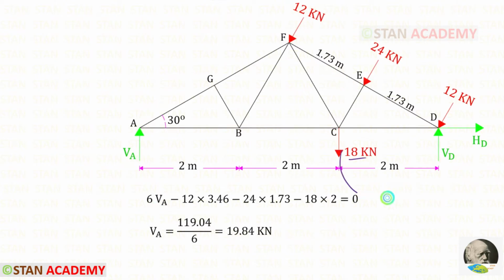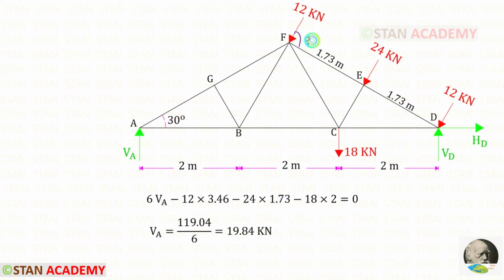This 18 kilonewton is acting in the anti-clockwise direction, so it will be negative, and the distance is 2. This 12 kilonewton is acting in the anti-clockwise direction, so it will be negative, and the distance is 1.73 plus 1.73, so it will be 3.46. 24 kilonewton is acting in the anti-clockwise direction, so it will be negative, and the distance is 1.73.